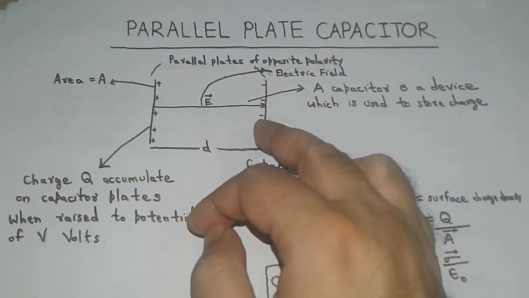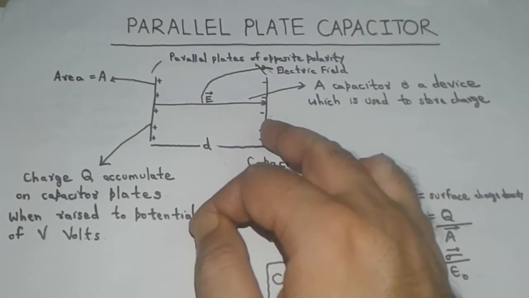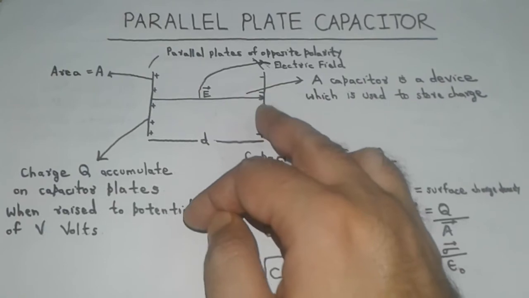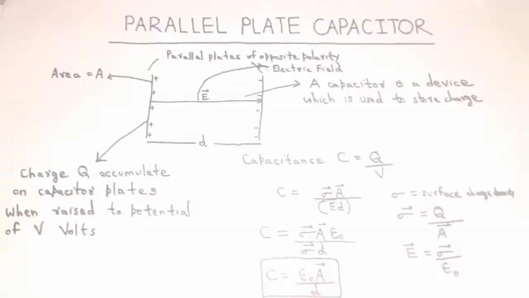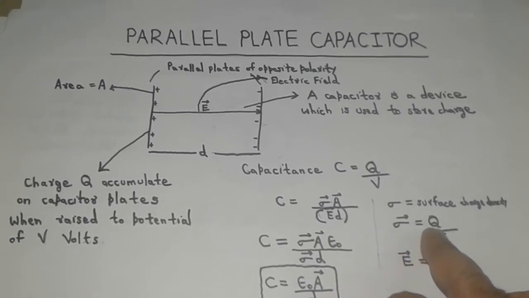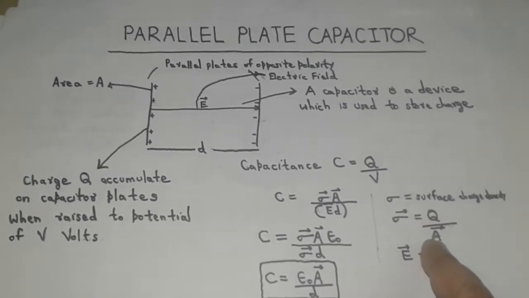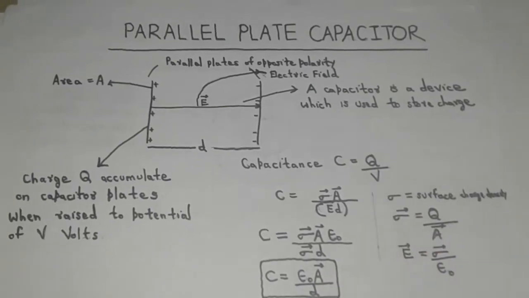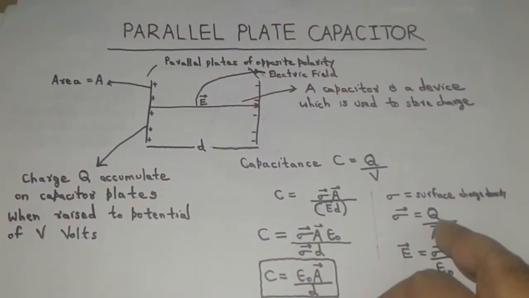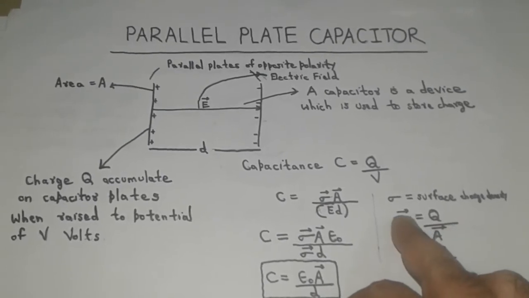It means sigma is the magnitude of charge present on the unit area of the capacitor plates. Therefore, sigma can be written as total charge on the capacitor plates Q divided by area of the plates A, or total charge on capacitor plates Q becomes sigma into A.